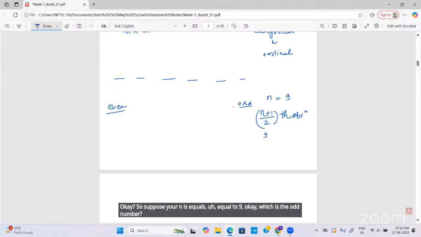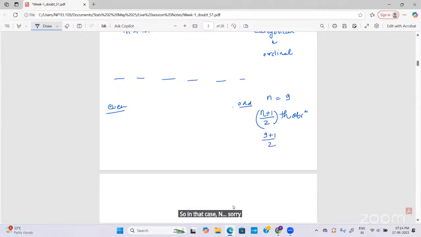Then 9 plus 1 divided by 2 is 10 divided by 2, which means the 5th observation. So when you arrange your data set, the observation at the 5th position will be your median. This is how you can calculate it for an odd number of observations.